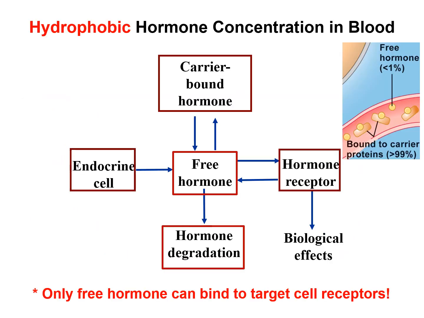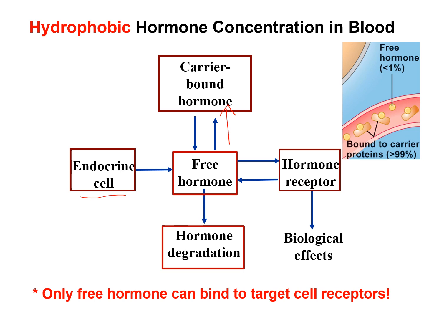And this is just a picture of these hydrophobic hormones and why they have such a long half-life. So here's our endocrine cell that is going to be secreting our hydrophobic hormone, and it will just diffuse out of that cell and enter into the blood, and it will bind very quickly to our carrier proteins in the blood, and there's a picture here to remind you of that.